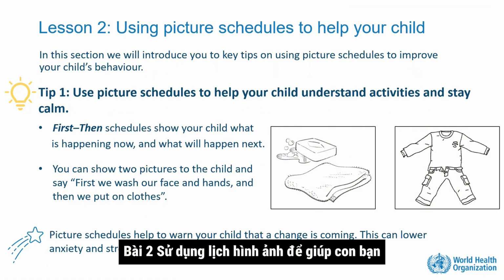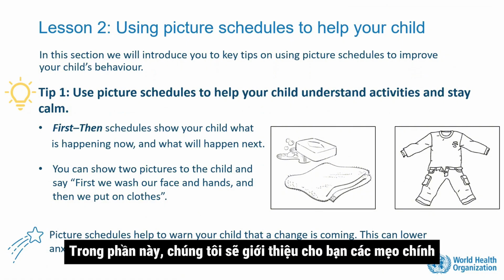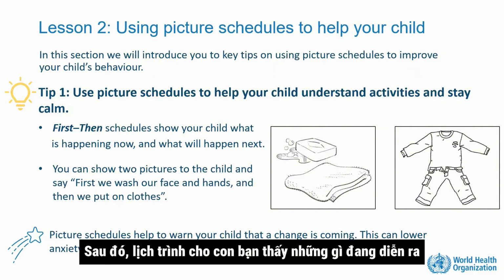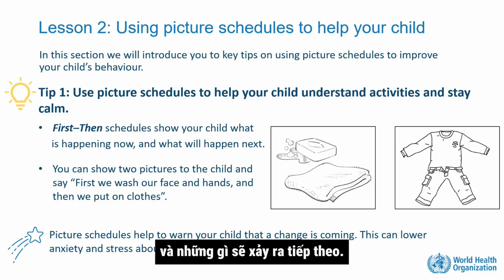Lesson 2. Using picture schedules to help your child. In this section, we will introduce you to key tips on using picture schedules to improve your child's behavior. Tip 1. Use picture schedules to help your child understand activities and stay calm. First-then schedules show your child what is happening now and what will happen next.